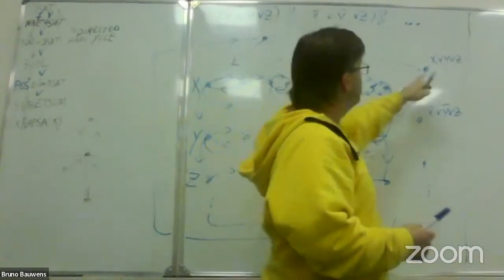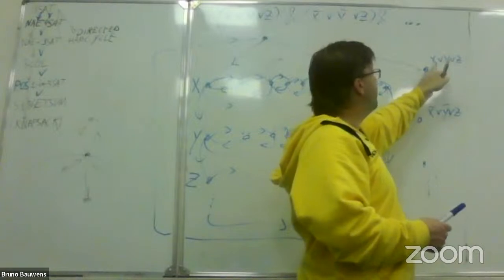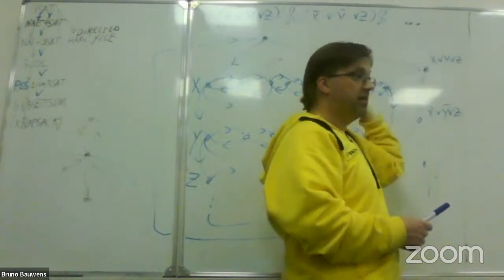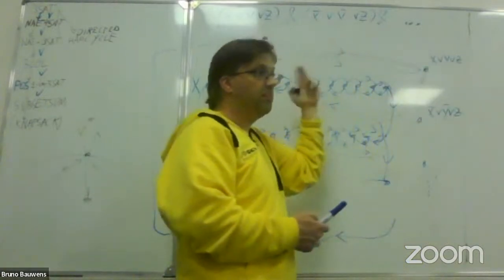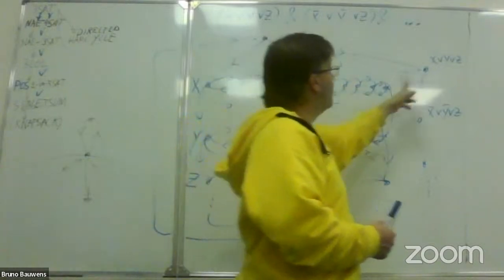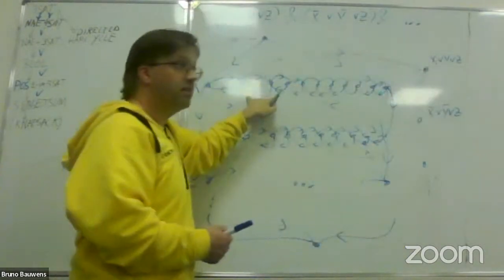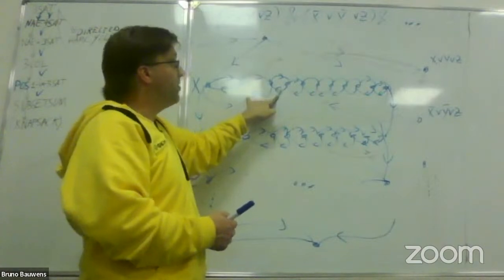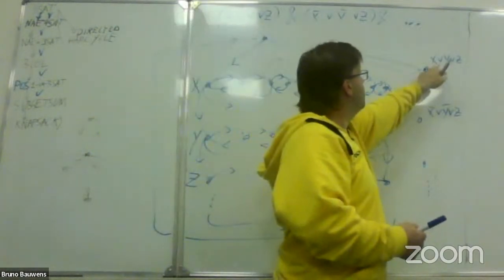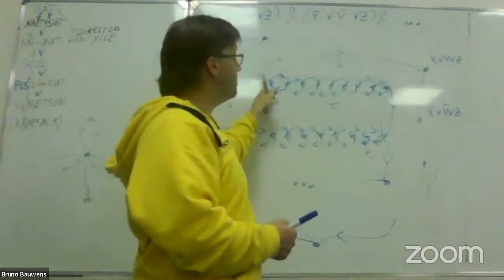For every clause, for every variable in a clause, we make a connection gadget, just a pair of edges. And we go from the clause to the variable gadget. So for example, X appears in this clause, so we must connect it to this gadget.